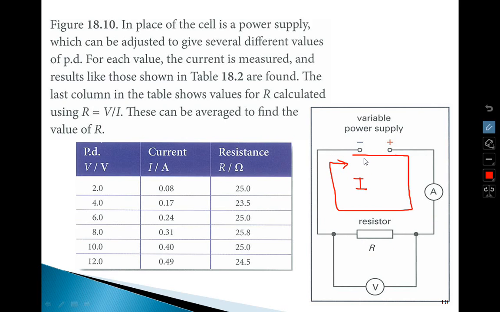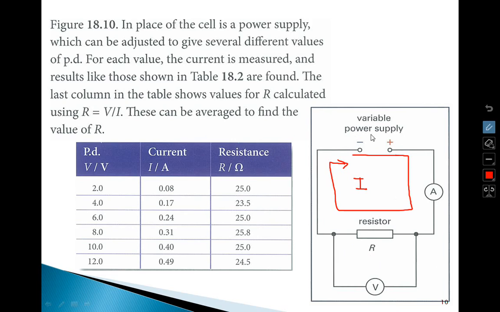We can measure the value of V on the resistor by voltmeter, putting it on the two ends of the resistor.